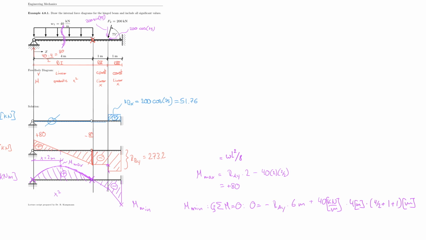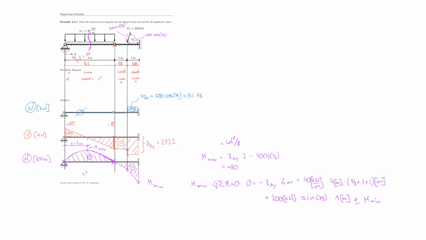And then also plus 200 kilonewton times cosine, sorry, no, that's not right, sine 75 multiplied by 1 meter, that's the lever arm. And then plus the moment, right? Plus m min, plus minus m min, depends on which direction you rotate it.